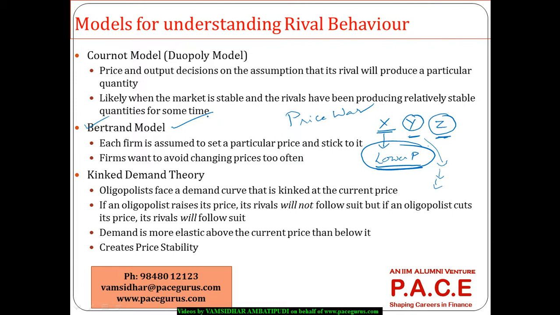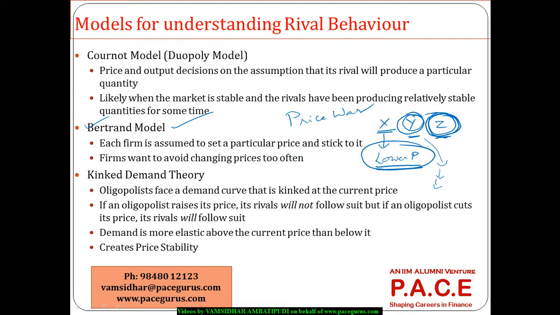This kind of assumption can be made when the firms do not keep changing their price quite often. If these firms are known not to change prices often, then that assumption in understanding rival behavior is much more appropriate.